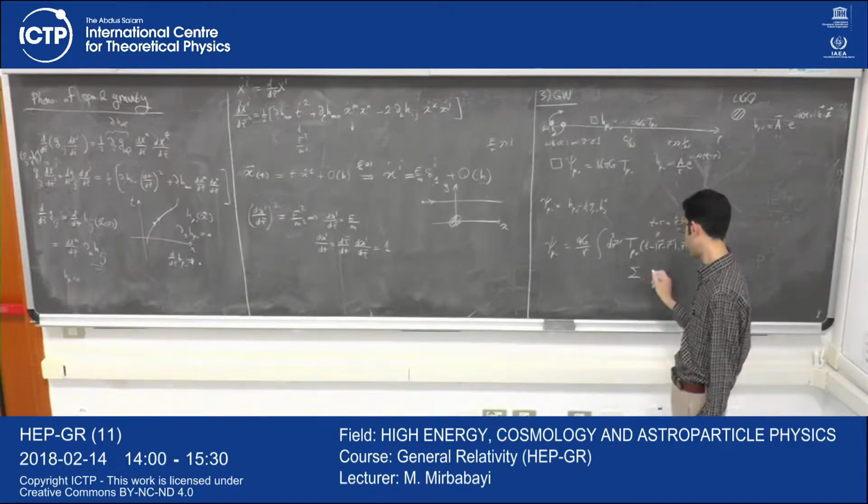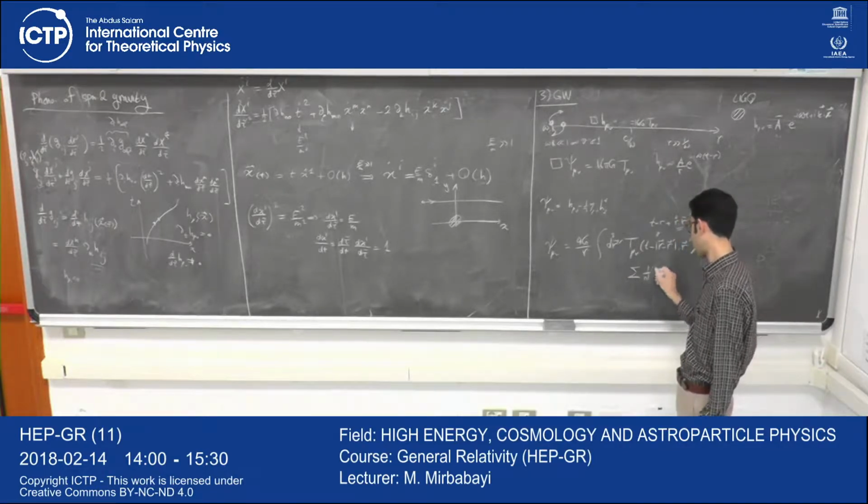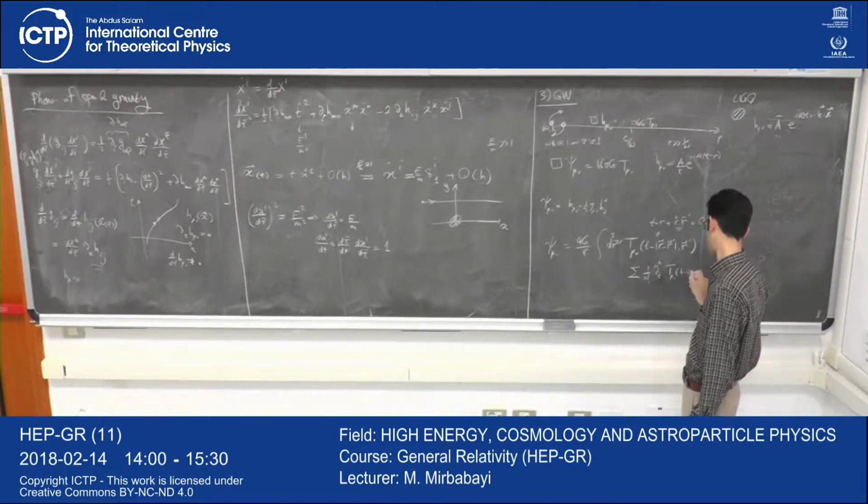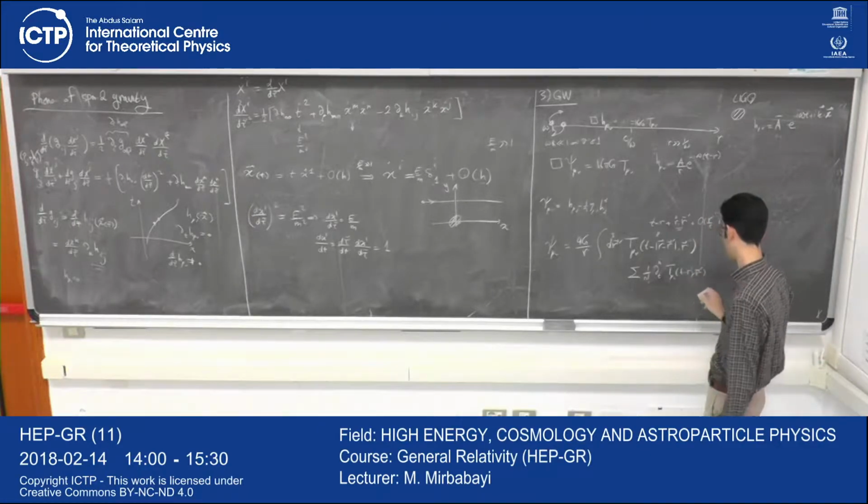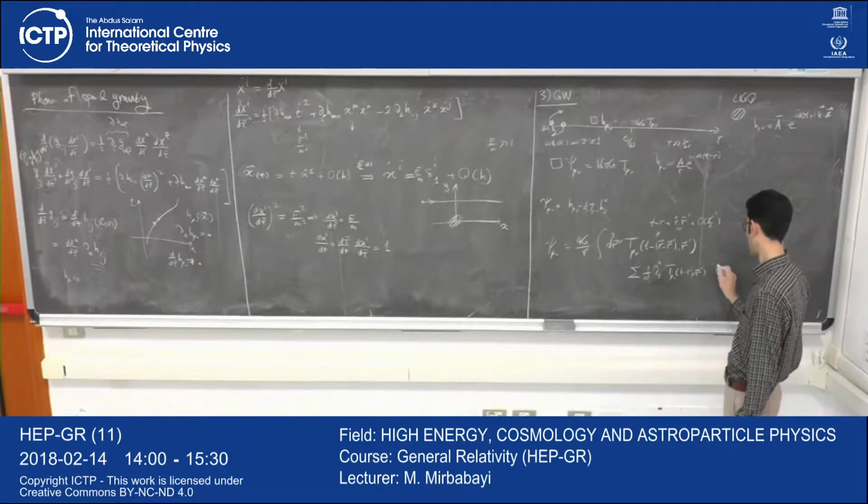Because it is 1 over n factorial, d_t to the n of T mu nu of t minus r, times r hat times r prime to the n.